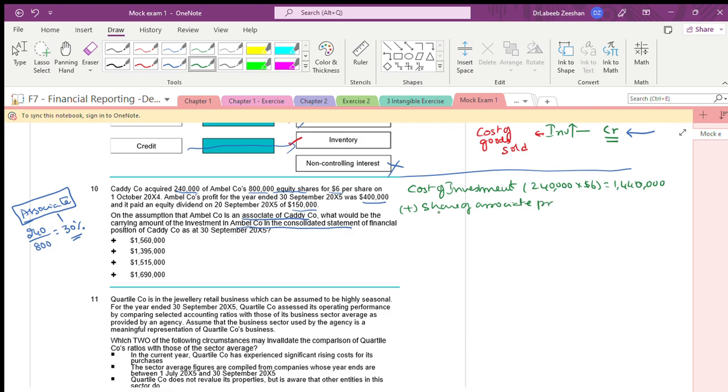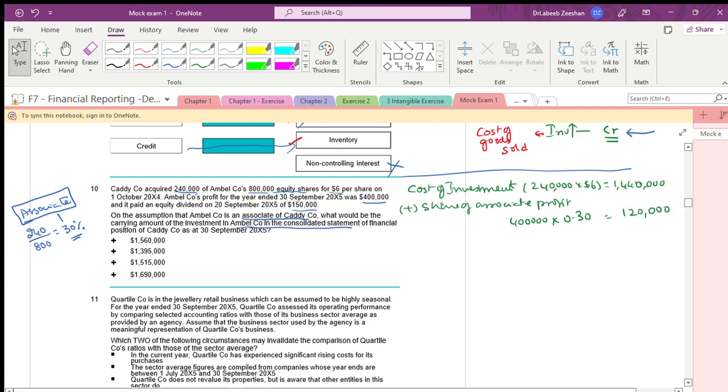How much is share of associate profit? 400,000 times 30% comes to 120,000.